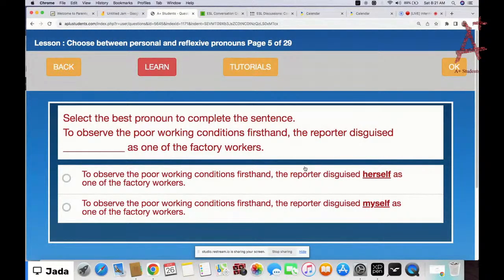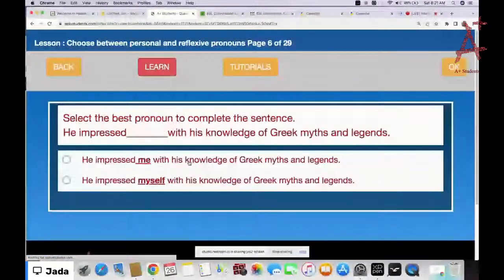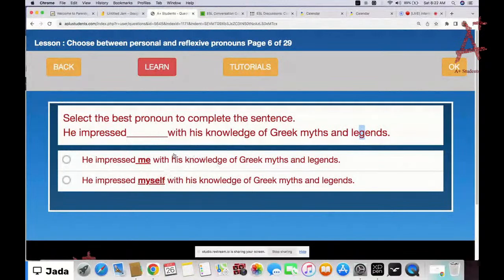Next: he impressed dash with his knowledge of Greek myths and legends.